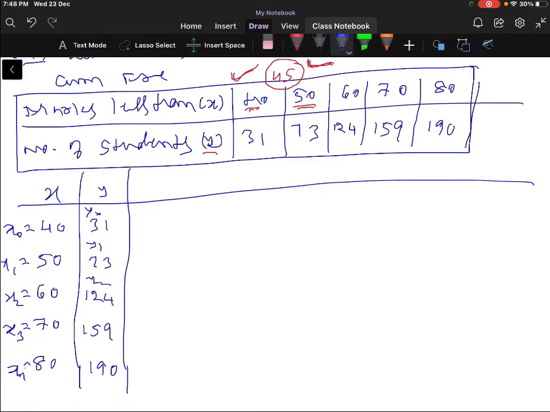Corresponding y naught is equal to 31, y1 is 73, y2 is equal to 124, y3 is equal to 159, and y4 is equal to 190.